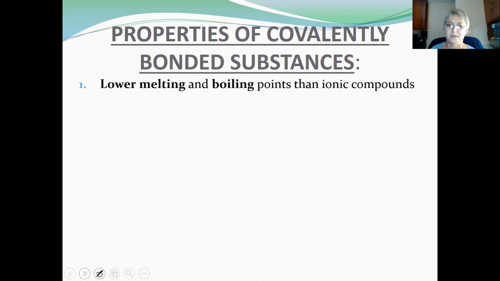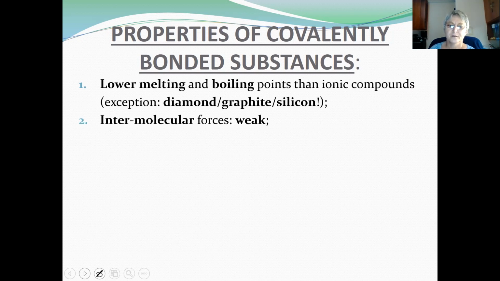Exceptions here would be diamond, that's got a melting point of above 3000 degrees Celsius, and graphite as well as silicon are examples there. Then the intermolecular forces between covalently bonded molecules are relatively weak.